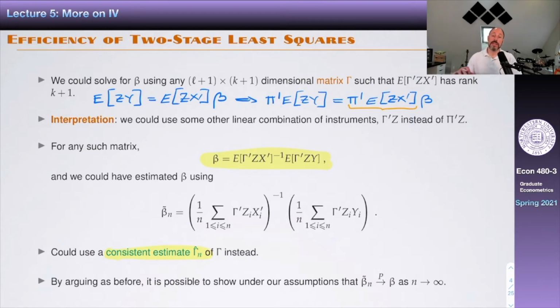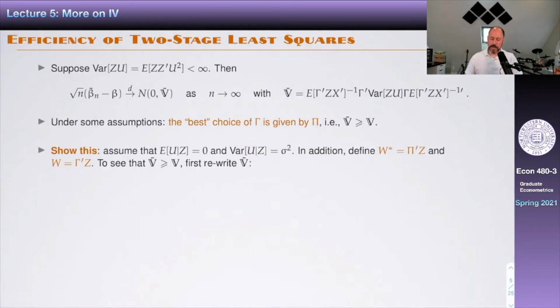And in particular, we would have obtained that this estimator beta tilde is consistent under these assumptions, and it is asymptotically normal. Now, it is asymptotically normal, but it will have an asymptotic variance that is not going to be the same as the one that we obtained for the two-stage least squares estimator. And so let's discuss that. Suppose that the variance of ZU is finite.